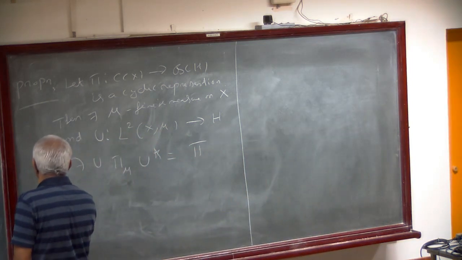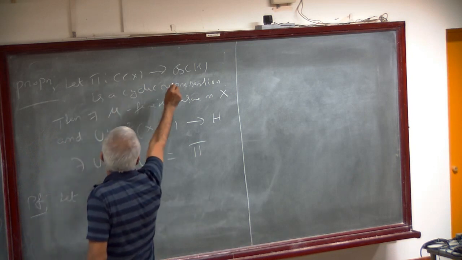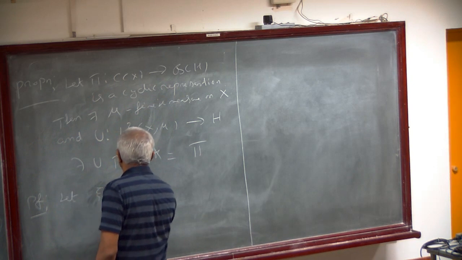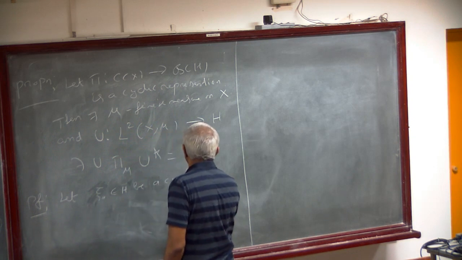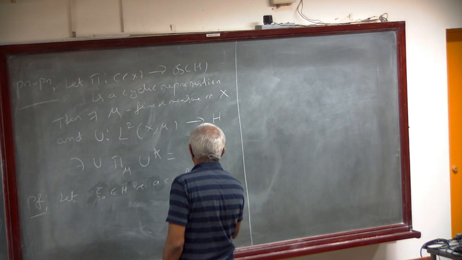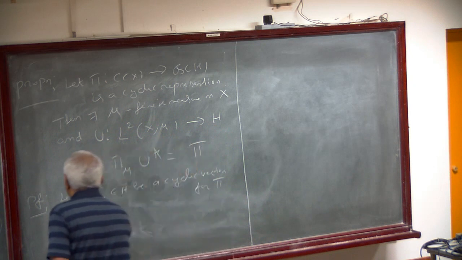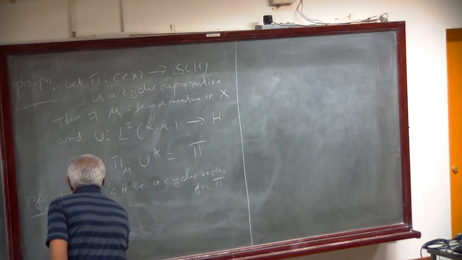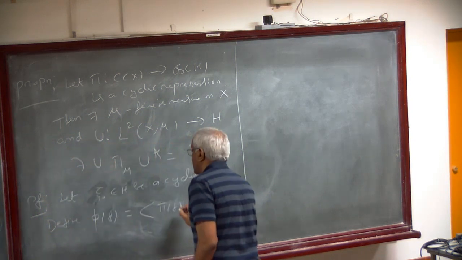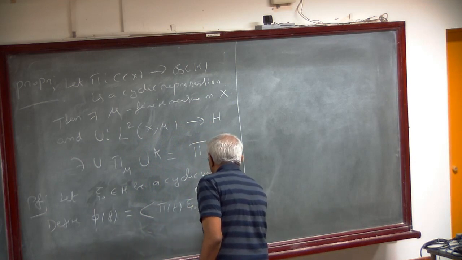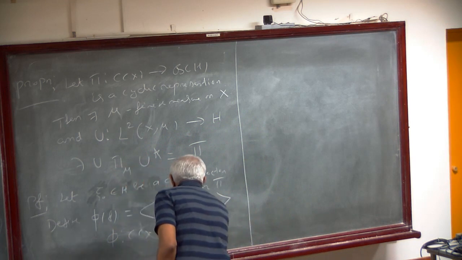So proof. Let ξ₀ in H be a cyclic vector for π. Define φ(f) equal to ⟨π(f)ξ₀, ξ₀⟩. φ is a function from C(X) to the complex numbers, right?